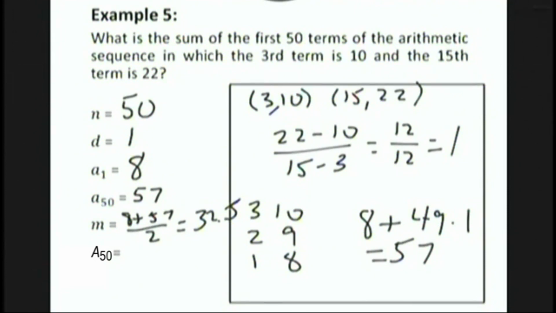You can just do that right in your calculator. And finally, A50 is equal to the number of terms times the average of the 1st and the 50th term. Again, type 50 times 32.5 on your calculator to get 1625.